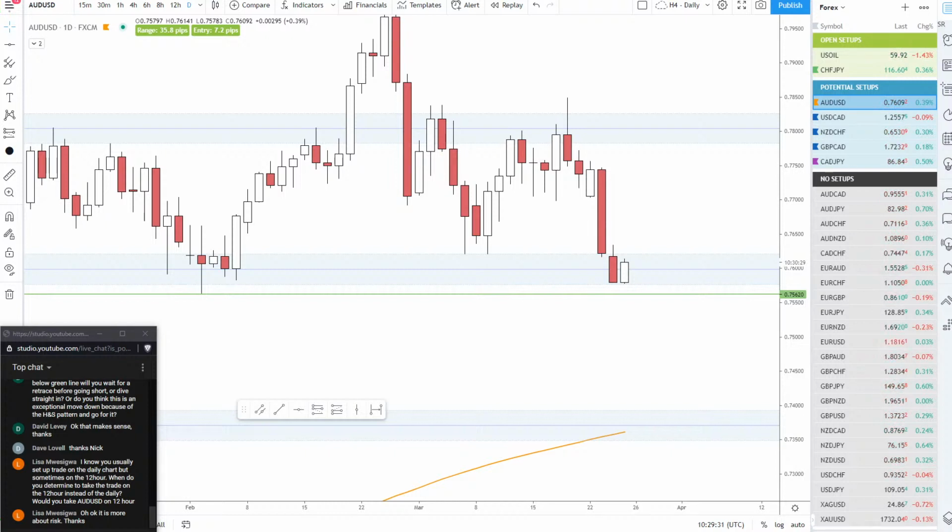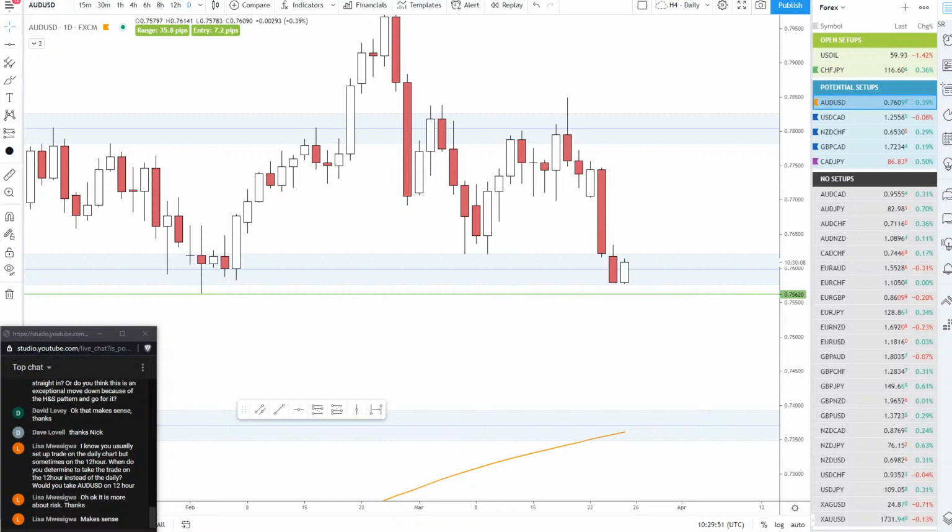So you just have to figure out where you fall on the spectrum of risk, how many trades you want to take per week, and go with that. If you need help doing that, feel free to reach out.